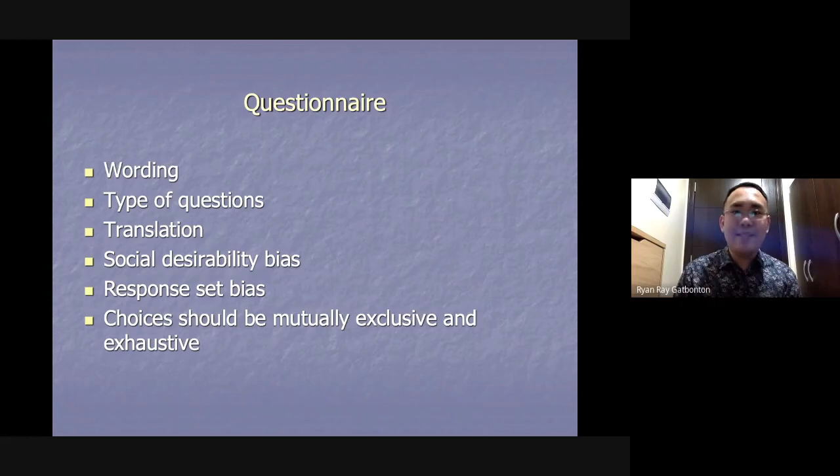There is a tendency that he will reply only a single statement or a single score on your questionnaire. So that is a response set bias. It does not reflect the true feelings or true response of that person, but rather a reflection of his preference to answer in set. Okay? So when you do questionnaires, also remember the principle of mutual exclusivity and exhaustiveness.